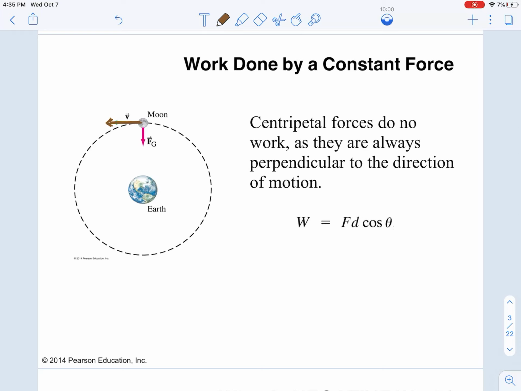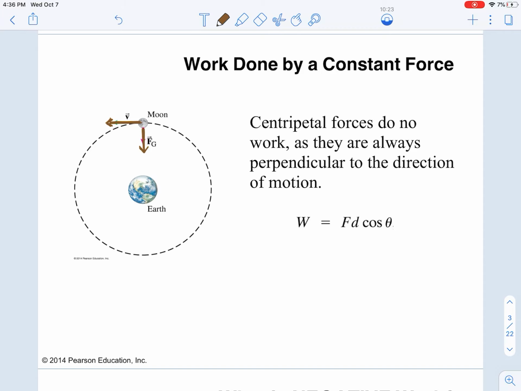So the moon would like to be moving along this vector path. However, it is experiencing a force from the Earth's gravitational pull that is not going to allow it to follow that vector path, but instead it's going to cause it to accelerate towards the Earth.